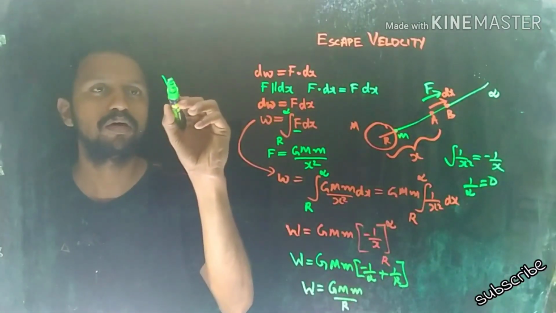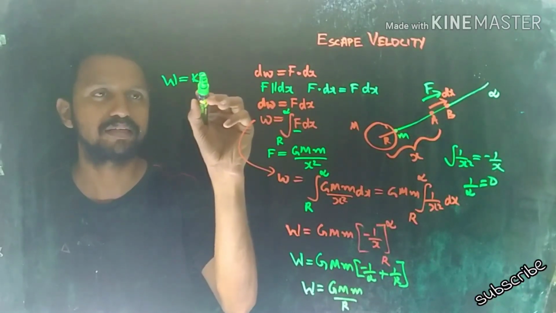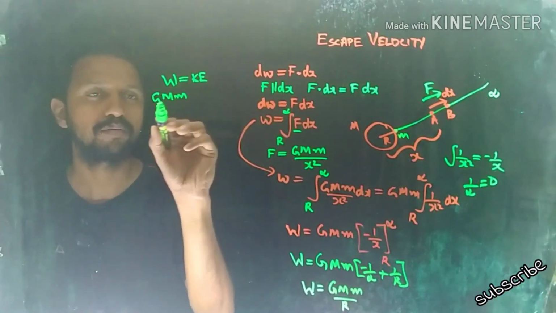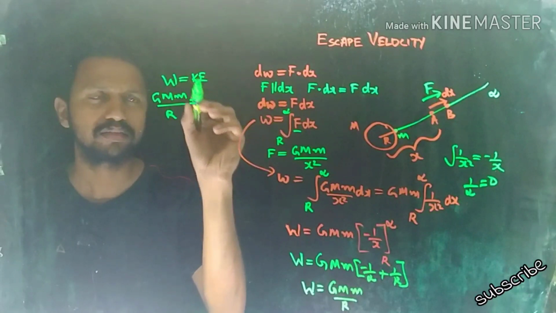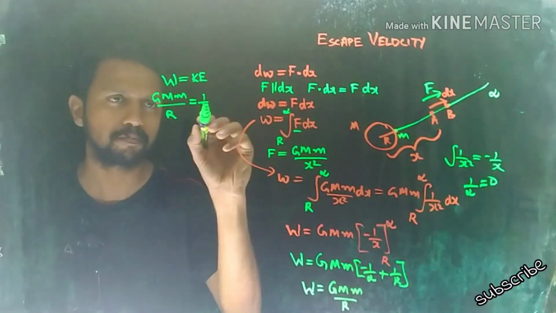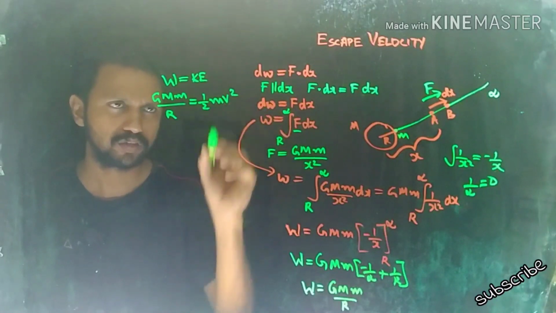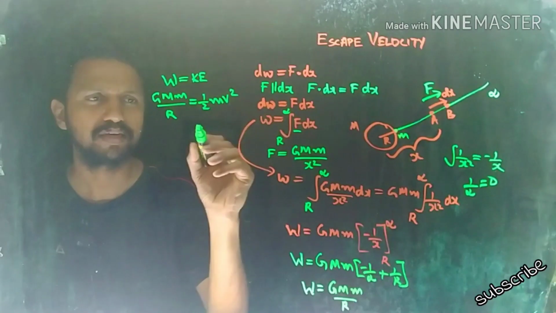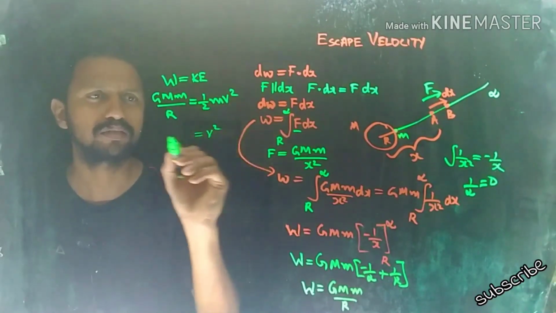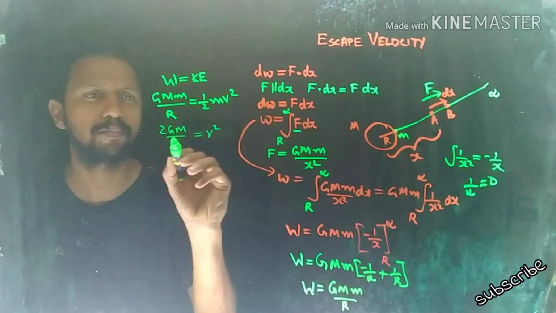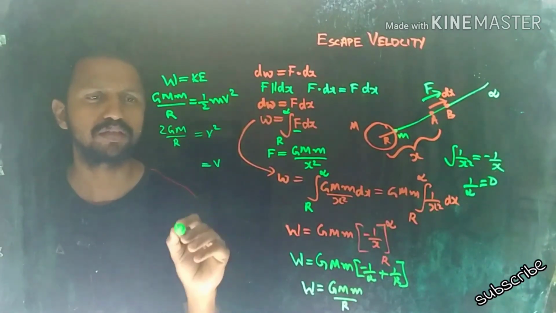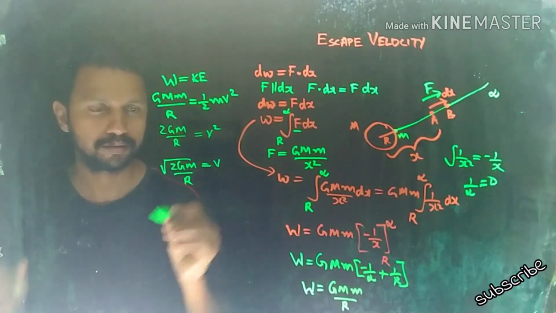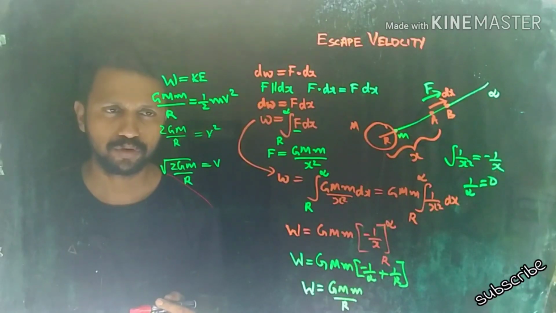That means the work done is G capital M small m divided by R, and the expression for kinetic energy is half m v square, where small m is the mass of the substance. Then we could cancel this m, and we'll get v square is equal to 2GM by R, and v is equal to root of 2GM by R. This is the mathematical expression for escape velocity.